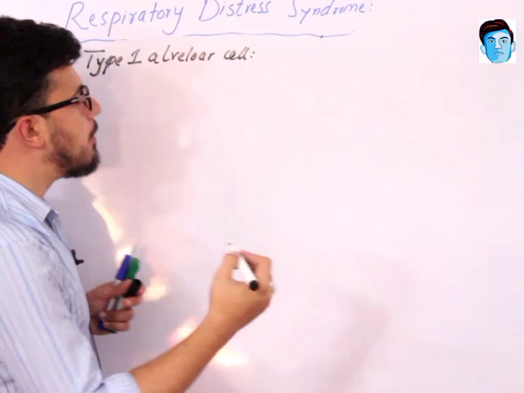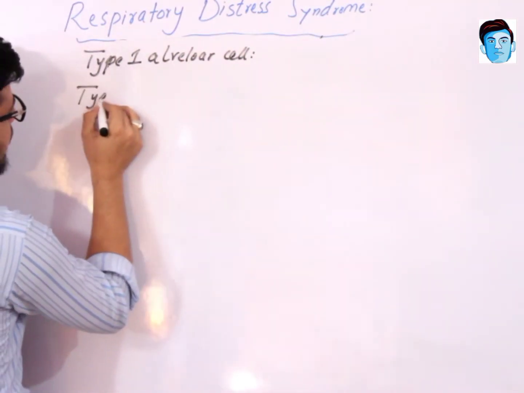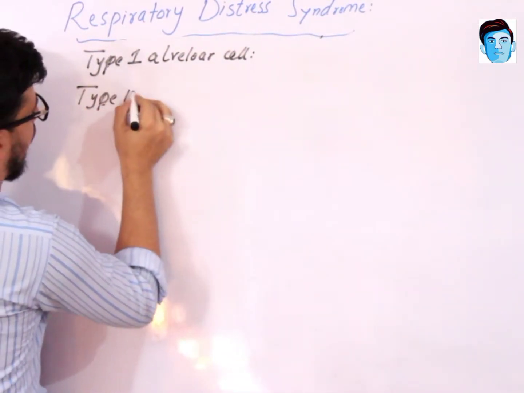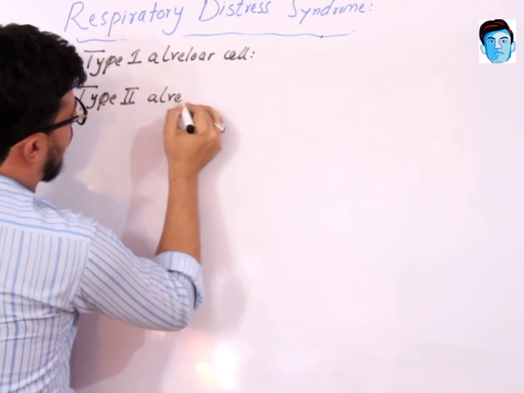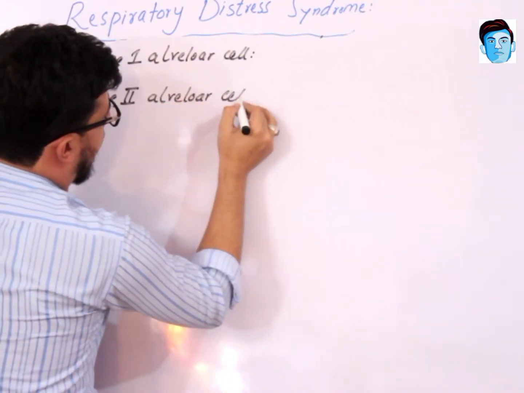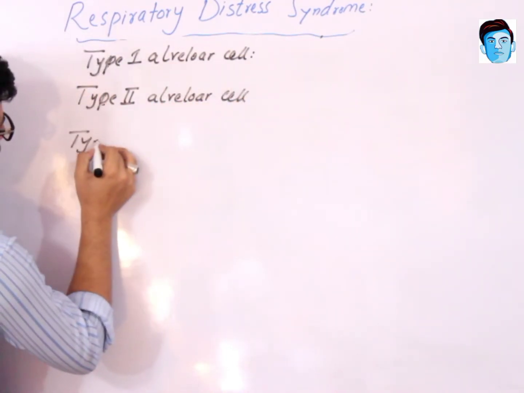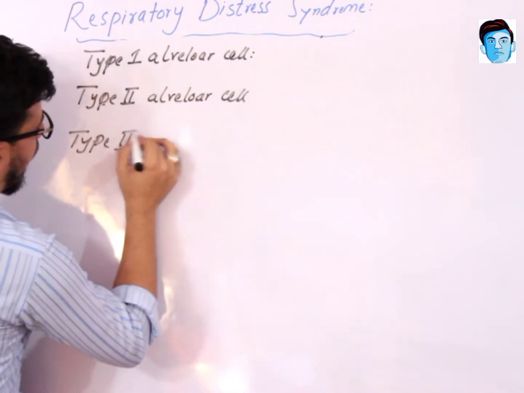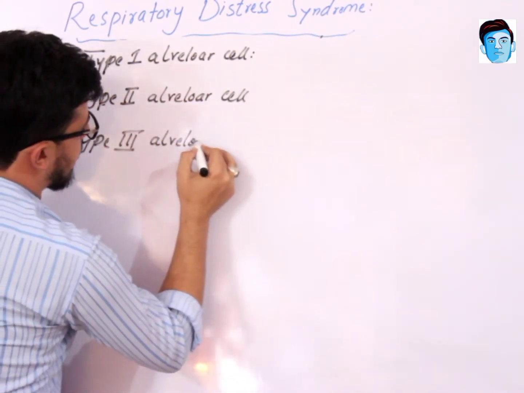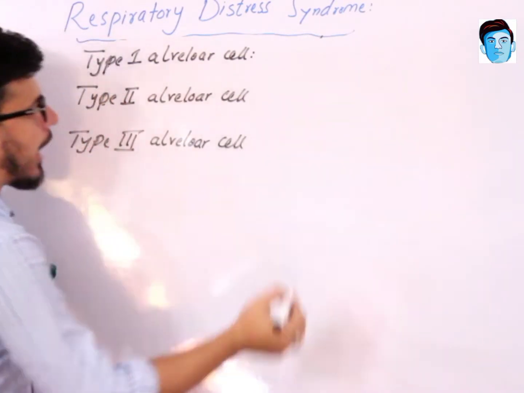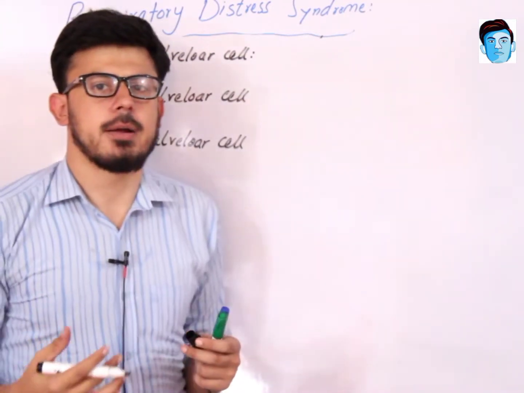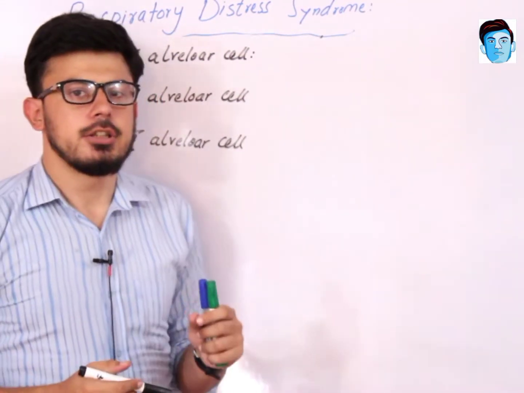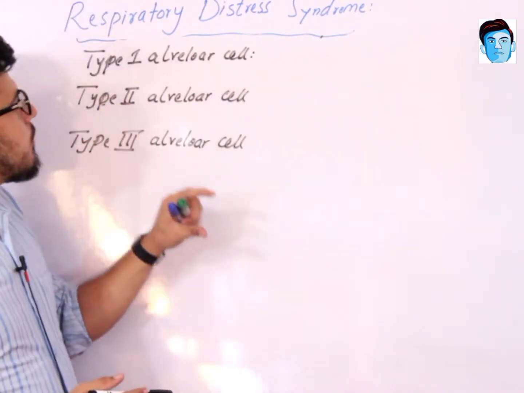Also there are type 2 alveolar cells, and there are type 3 alveolar cells. So there are three types of cells found within the alveoli.